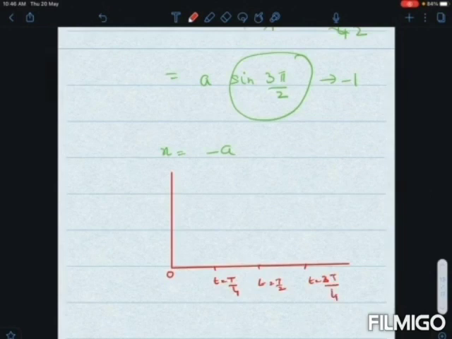So I have to draw the negative axis also.